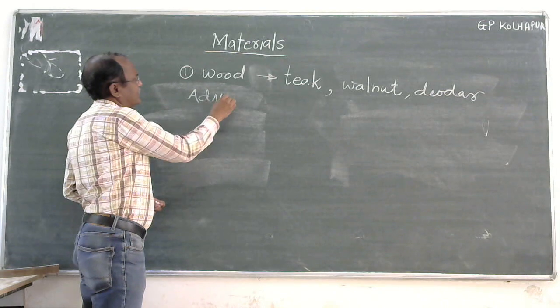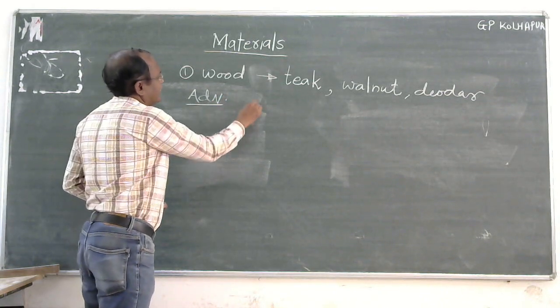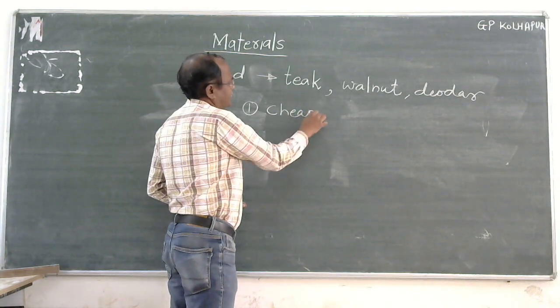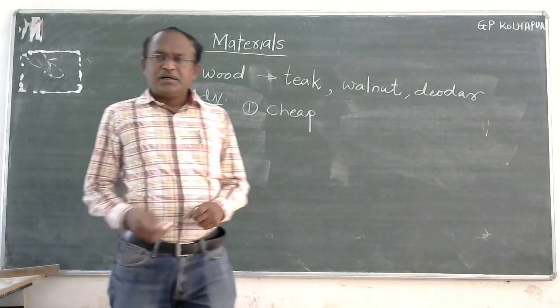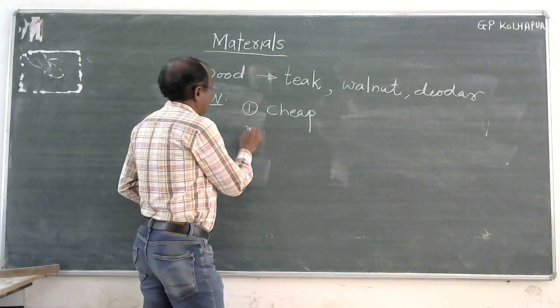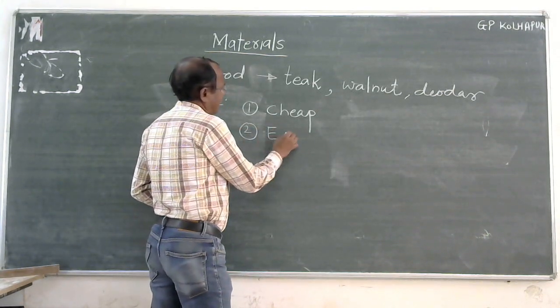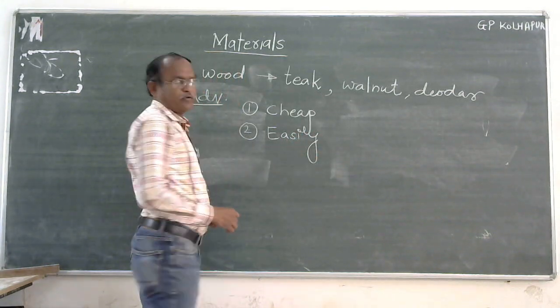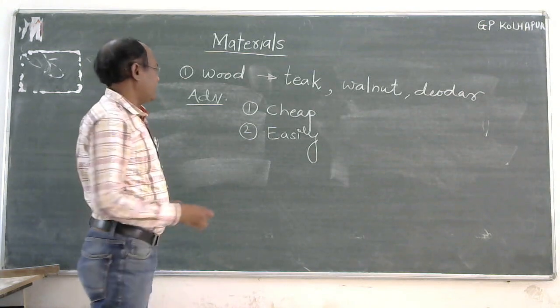If I focus on the advantages of wood as a pattern material, the first advantage is that it is cheap. The cost of wood is less as compared to the cost of metal. Then it is easily available, in forests it is easily available.